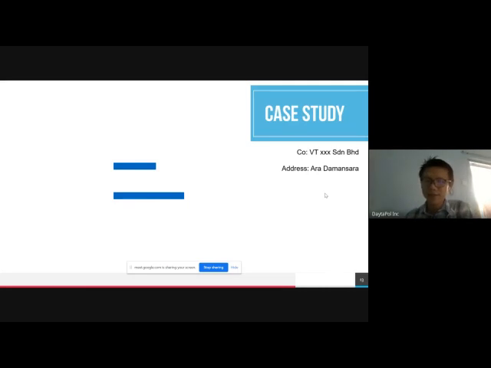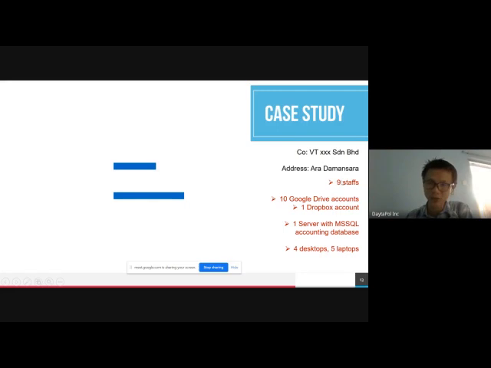This company is rather sensitive, so I put it like this. They are located at Ara Damansara, and this is what happened to them. They have 9 staff in total, including the boss. They have 10 Google Drive accounts and 1 Dropbox account. For what kind of usage? I'm not sure, I didn't ask them.